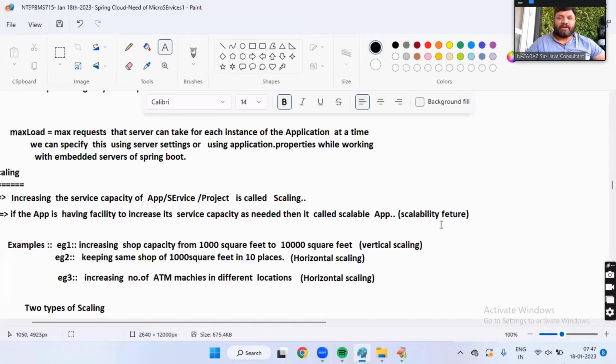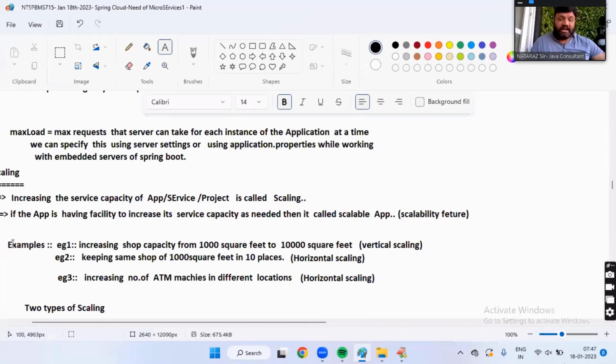But if you convert the same product into English, now scaling is possible. You understood the meaning of scaling, boss? If the application has the facility to increase service capacity as needed, then it is called a scalable application.